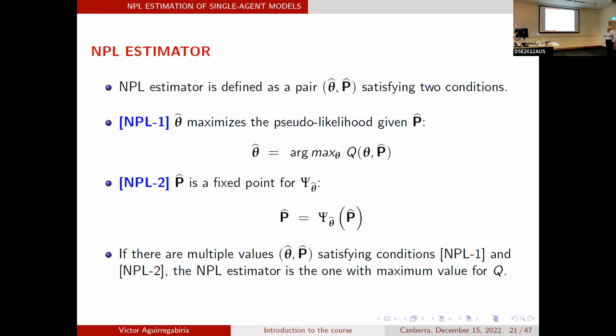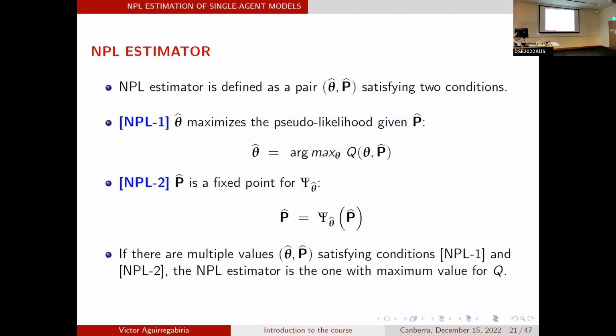Then what is the definition of the NPL estimator? The NPL estimator is defined as a pair of theta and P that satisfies two conditions. The first condition is that, given P hat, theta hat maximizes this pseudo likelihood function.